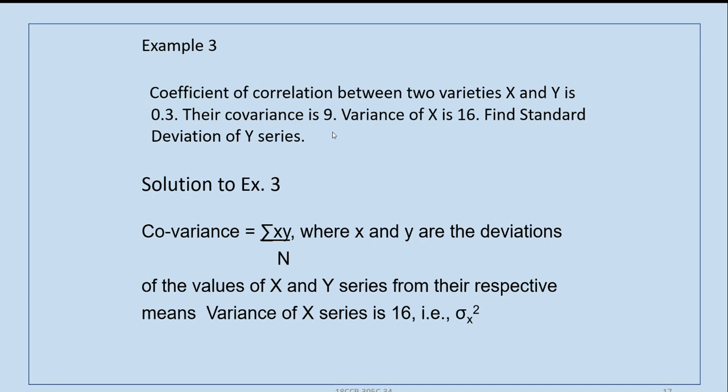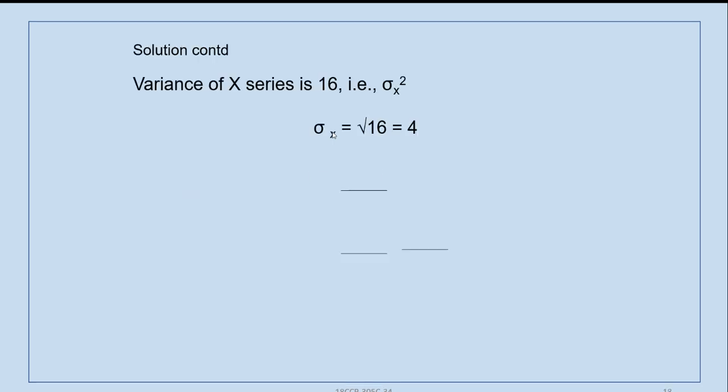Covariance is equal to sigma xy by n, where x and y are the deviations of the values of x and y from their respective means. Variance of x series is 16, that is standard deviation of x square, so standard deviation of x is 4.